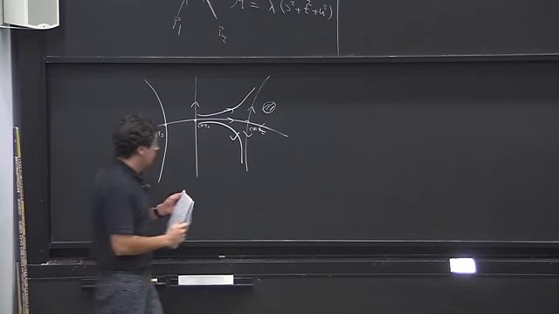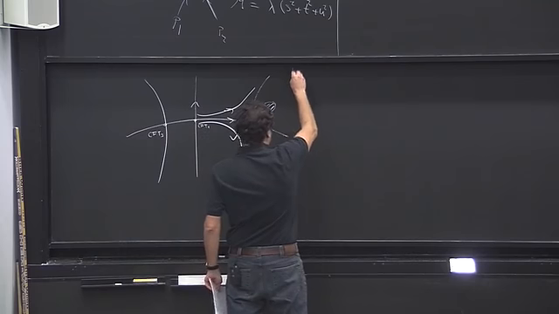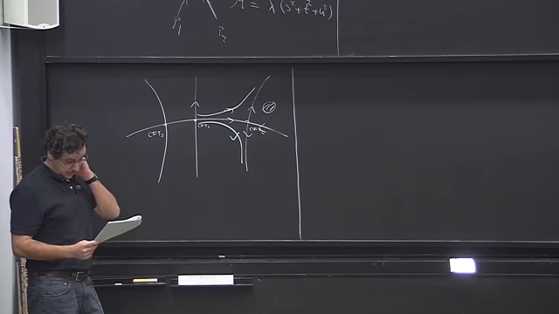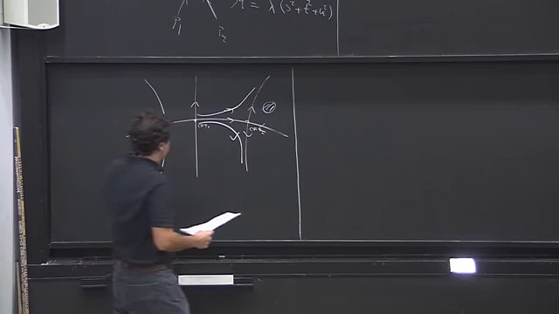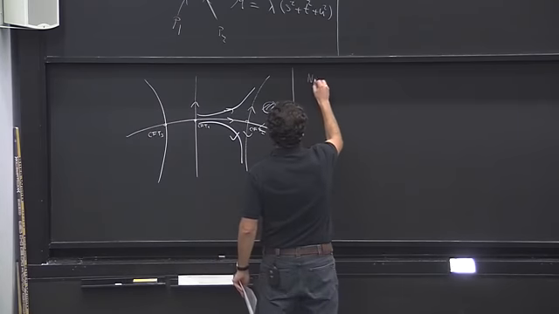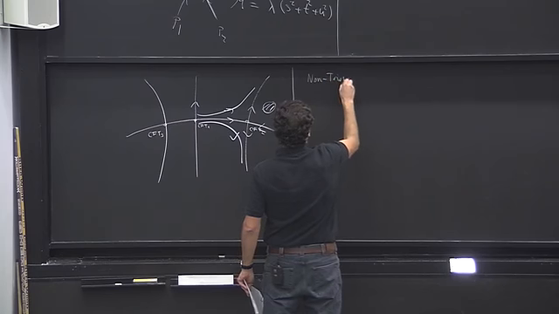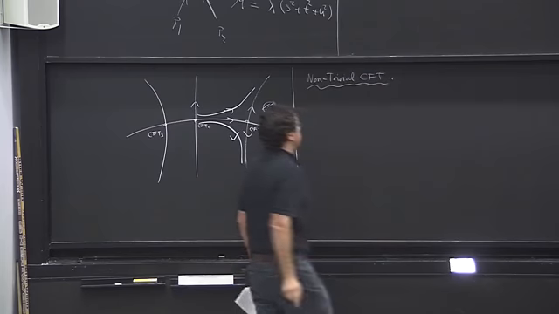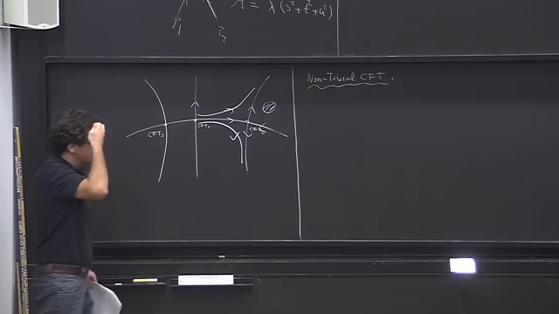Okay? And then very quickly at the end, and I don't want to spend too much time on this now because I'll come back to it later, but let me just say a couple of things: how do you construct a non-trivial conformal field theory? Historically, it was very important in the development of the subject.